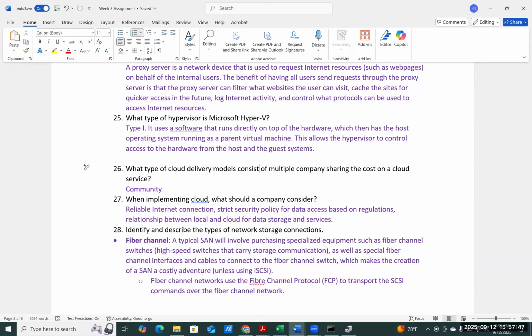We need to think about security policy based on regulations for the local area and where that cloud, storage, and services are. And you see TikTok is dealing with that now, right? Because at the beginning, the majority of the data for TikTok was housed in China. And now, because of the regulation implemented for the American version of TikTok, they now start to house a lot of things outside of China.